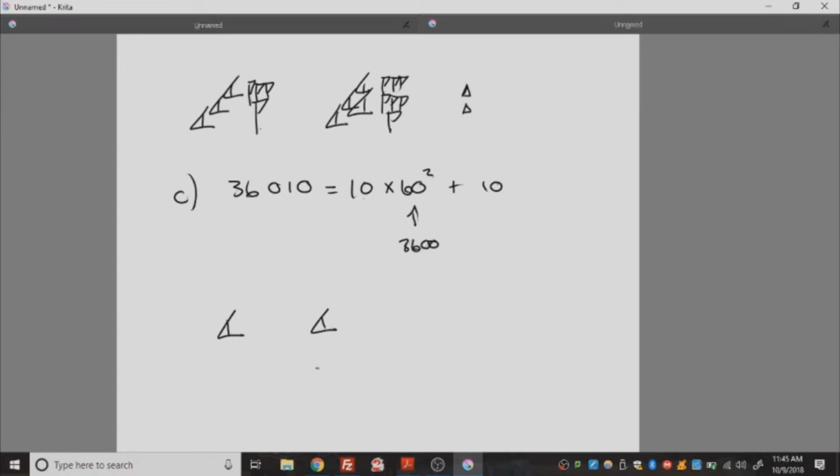I'm just checking, just paying attention. Once I pick a power of 60, I have to go all the way down, and the 10 goes in the ones column. There are no 60s. So it will be 10 space, empty symbol, space, 10.